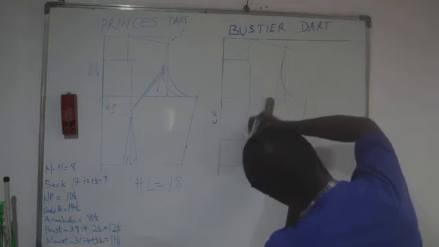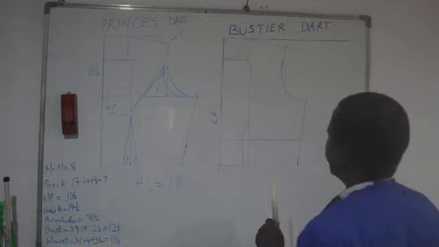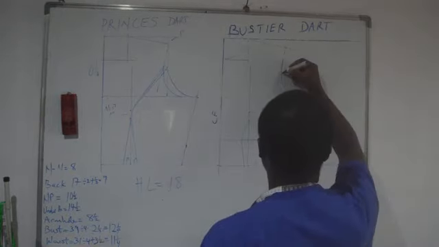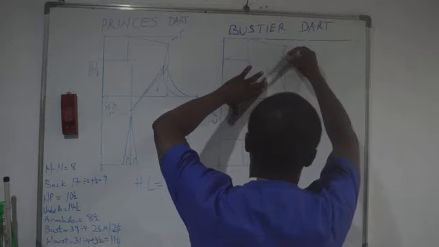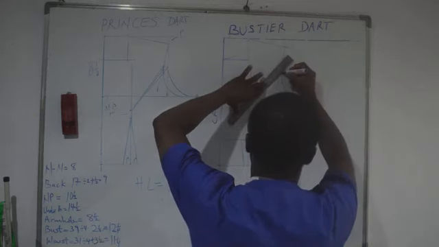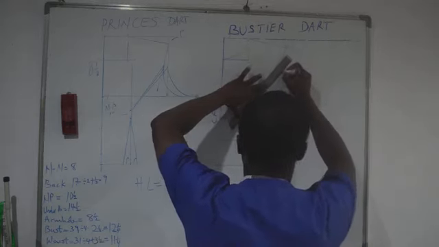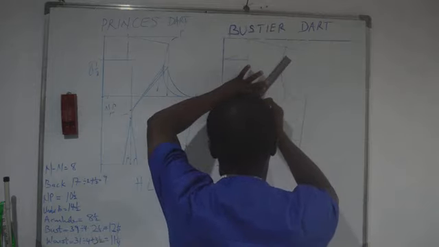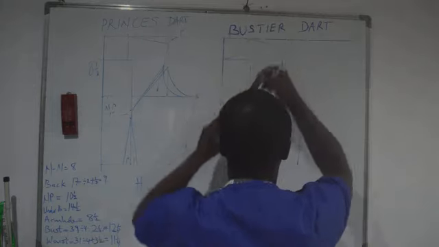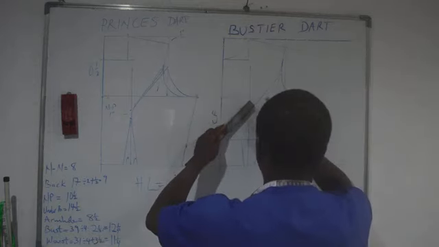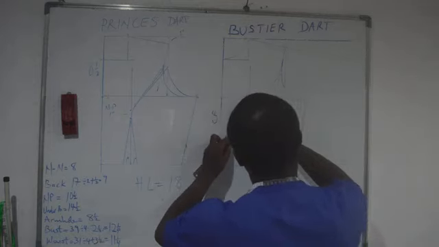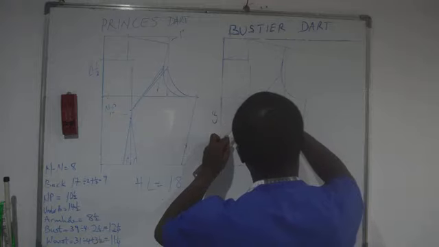Connect the points. Next, from this midpoint, you connect to the nipple points, and on these nipple points, you mark an inch. The same principle applies.